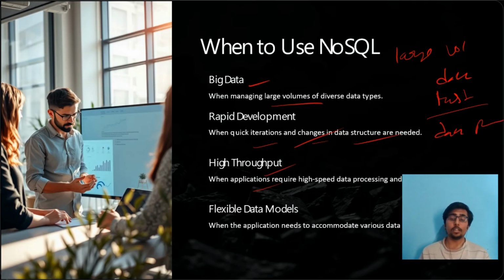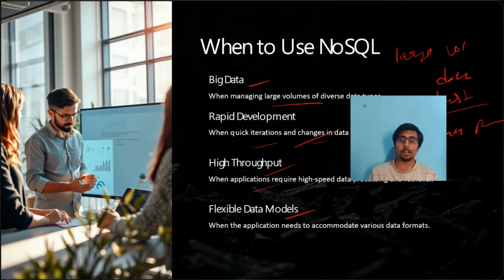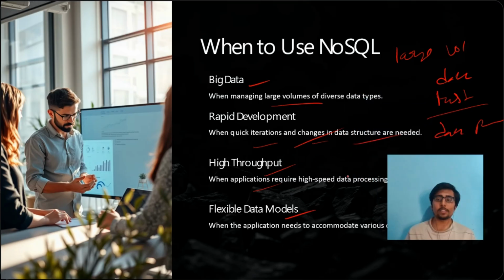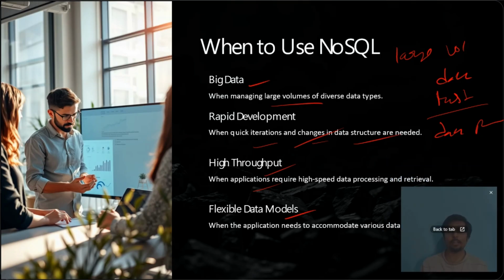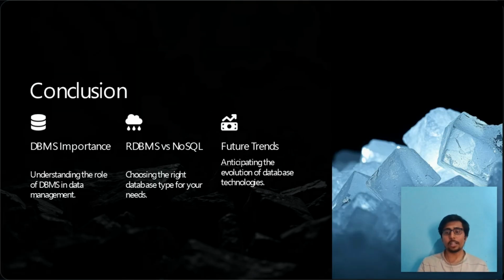For example, an entertainment service like Netflix uses it because they need high speed data processing and a flexible data model that you can change anytime and that accommodates various data formats. So this is all about when to use NoSQL and RDBMS databases.